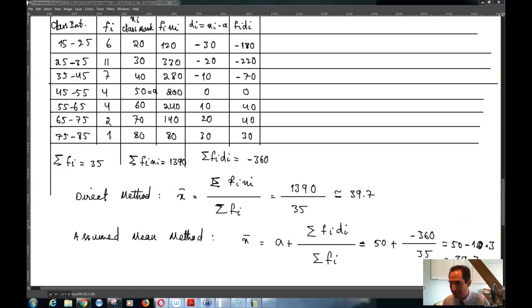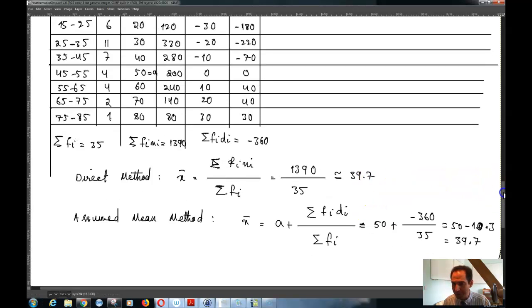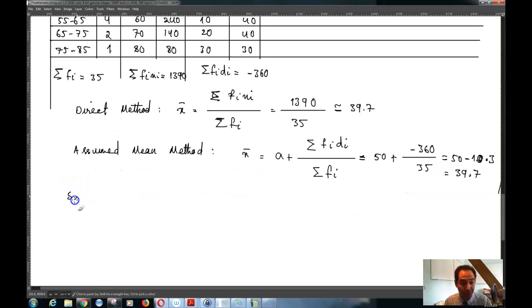Okay. Now the next method that we can use was basically the step deviation method.